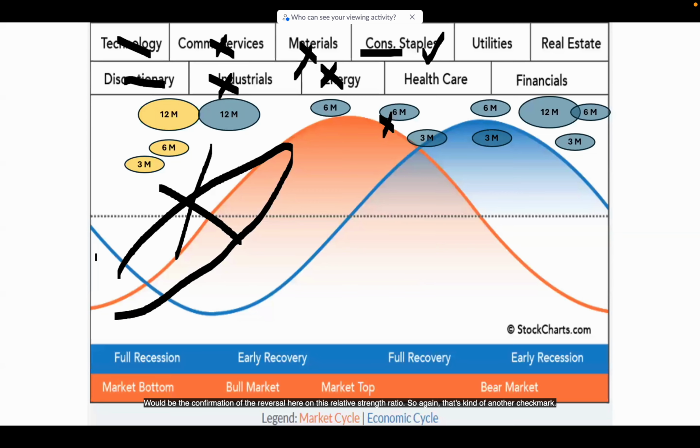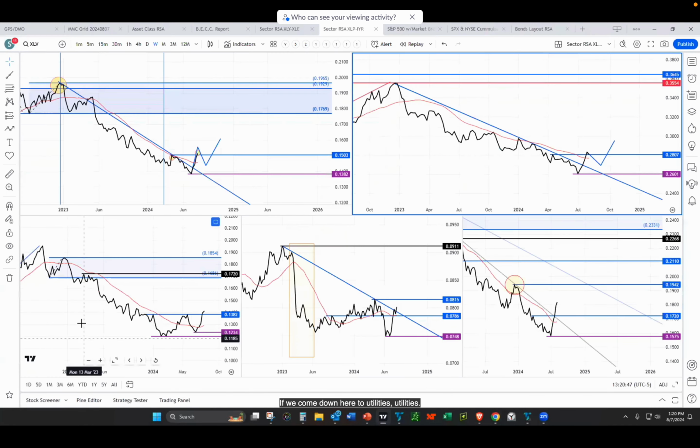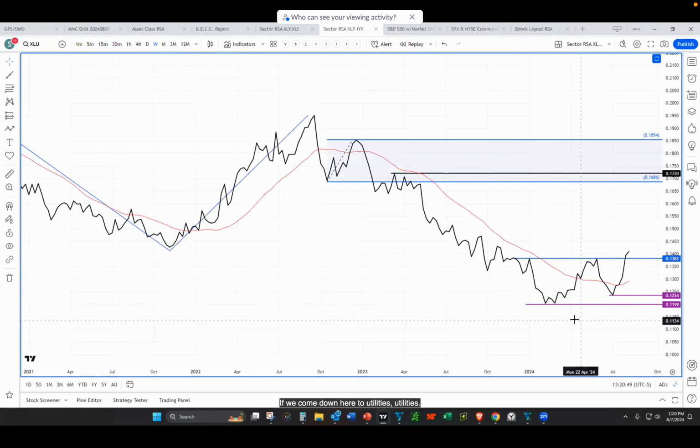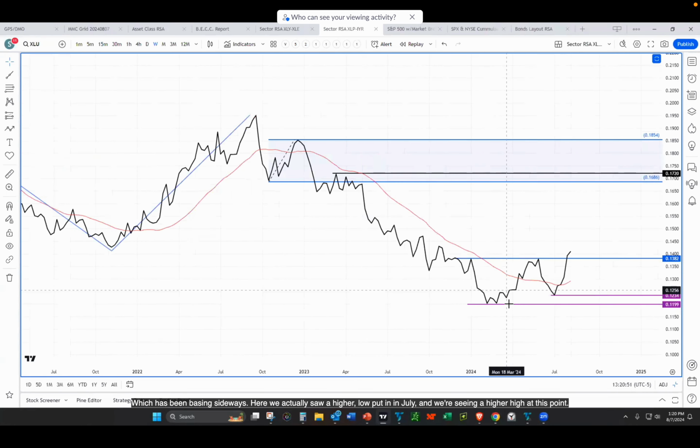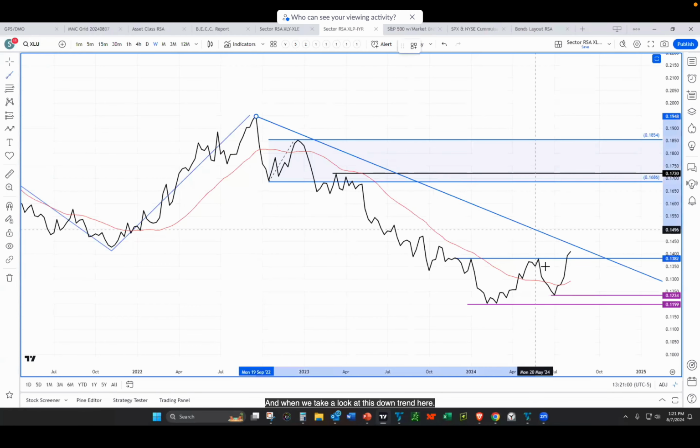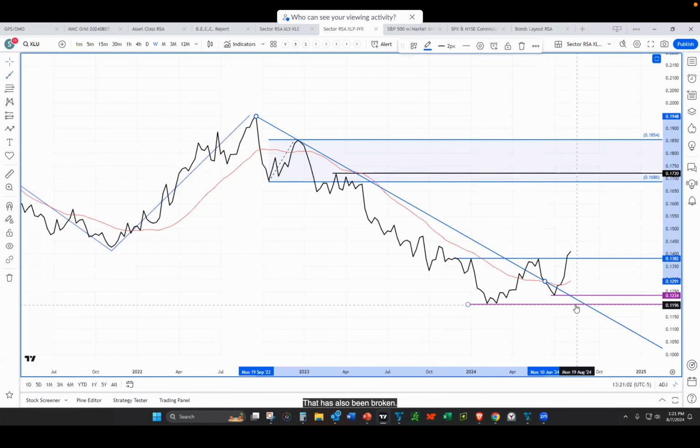So again, that's kind of another check mark that this is showing relative strength. Okay. If we come down here to utilities, which has been basing sideways here, we actually saw a higher low put in July, and we're seeing a higher high at this point. And when we take a look at this downtrend here, that has also been broken.